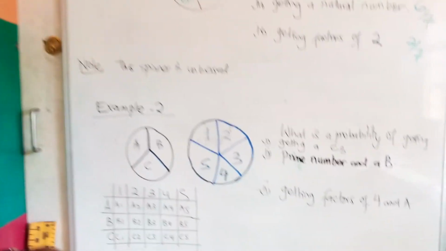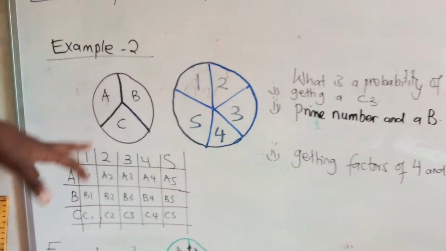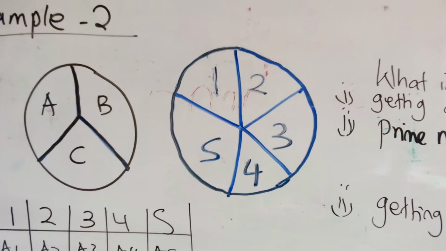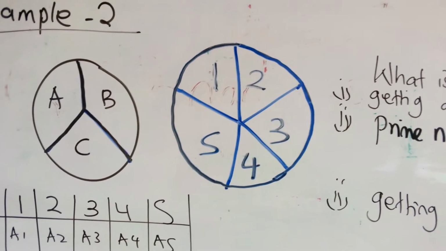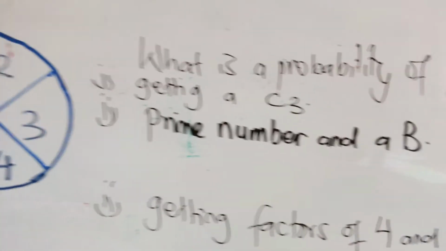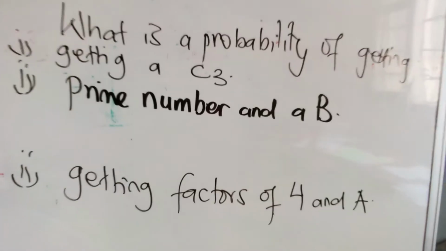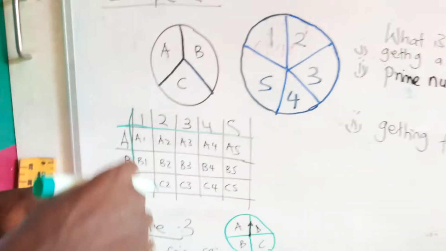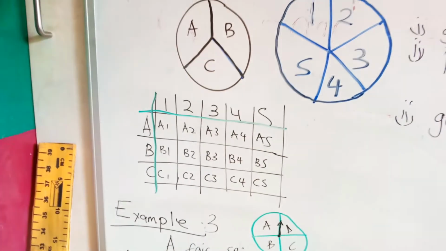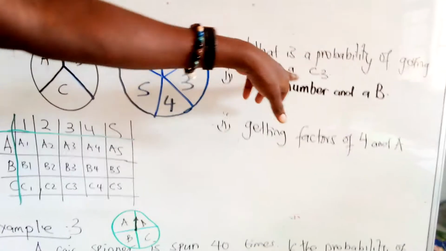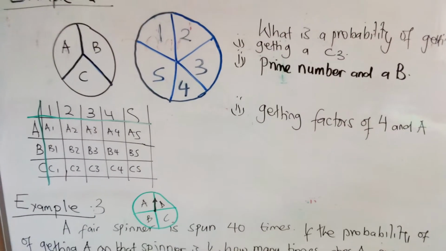If we come to example 2, we have two spinners. We have the one with ABC and then the one with 5 portions. And here, our task is to get the sample space for the 2. You can draw it in a table form if you're familiar with it, or you can just look at it and say you can get A1, A2, A3 like that up to 5. Then if we look at our question where they're saying what is the probability of getting a C3?